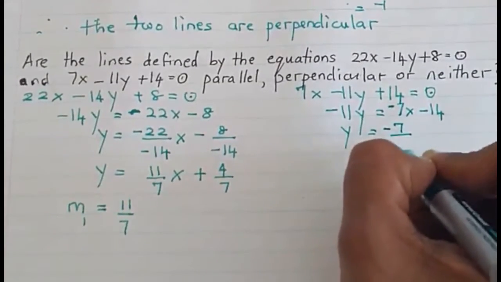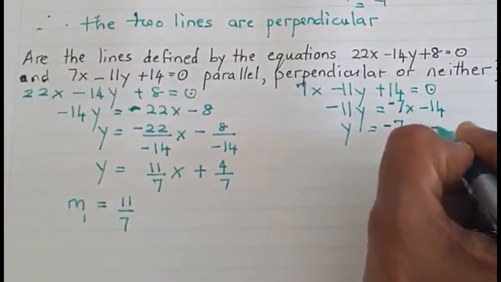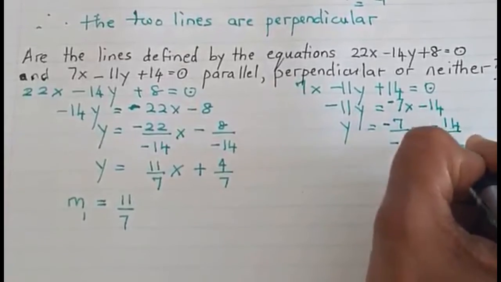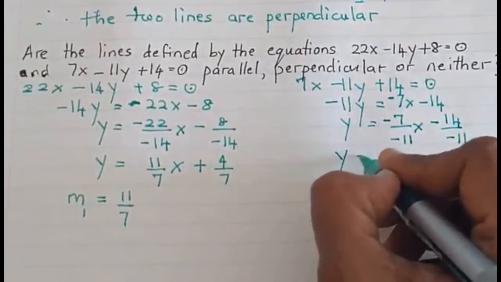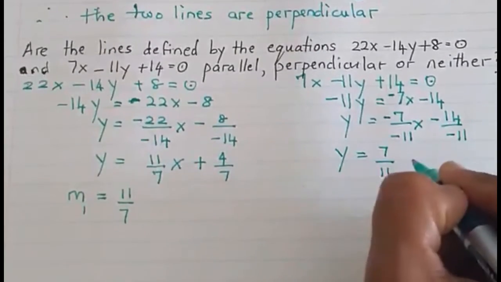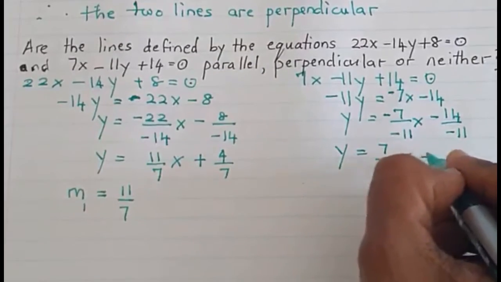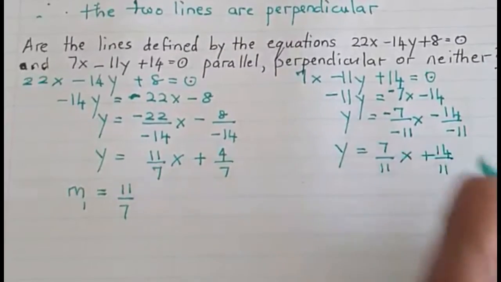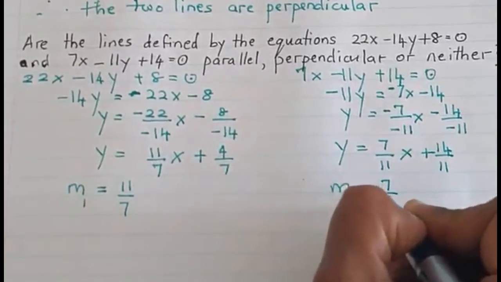So it's negative 7 over negative 11 x minus 14 over negative 11. So let's simplify that. Since both of them are negative, y is going to be equal to 7 over 11 x, and then that's going to be positive as well, which is 14 over 11. So we are just after the slope, so let's write the slope here, 7 over 11.